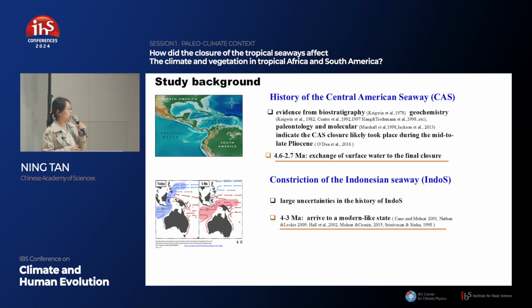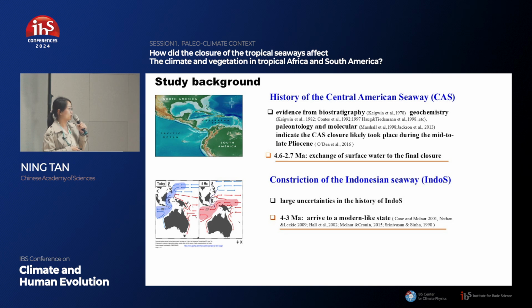And simultaneously in the west tropical Pacific, we can also see the Indonesian seaway has a narrowing process, due to the convergence of the Australian plate and the Eurasian plate, and it gets narrower and closer to a modern-like state.